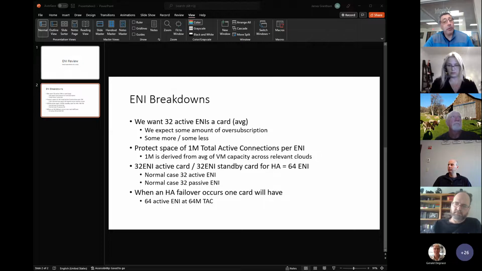I think it would be really useful if you could say, yes, the maximum is 64 million total active connections, but no more than 20% of them will ever be V6, and no more than a certain percentage of them will ever be NATed connections.